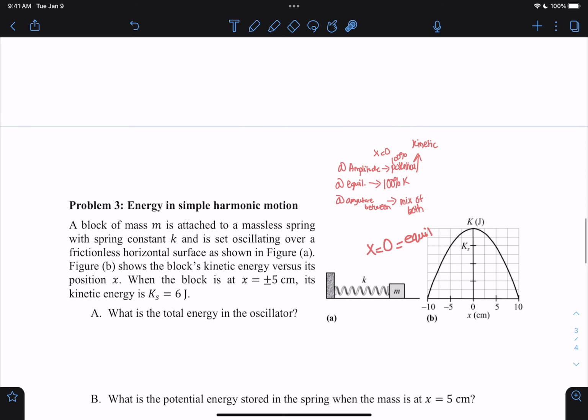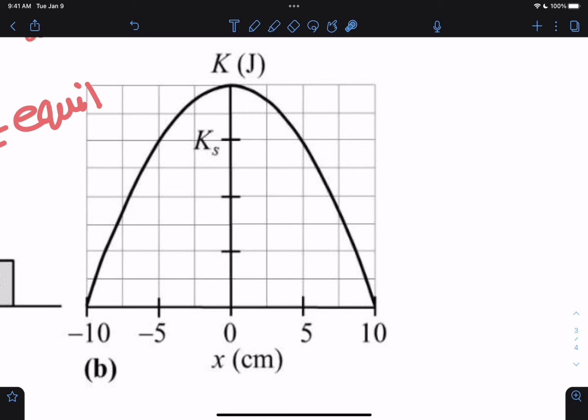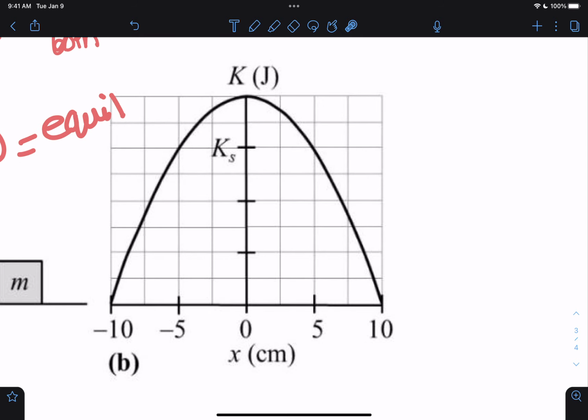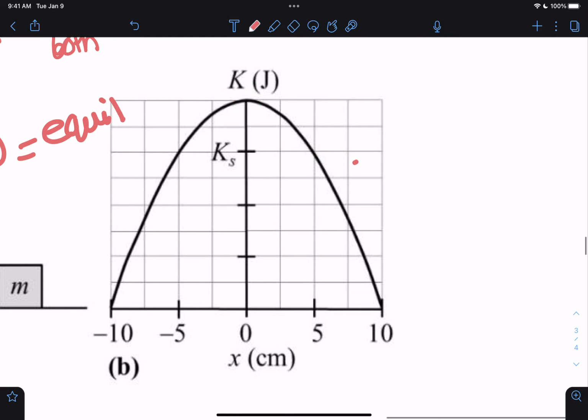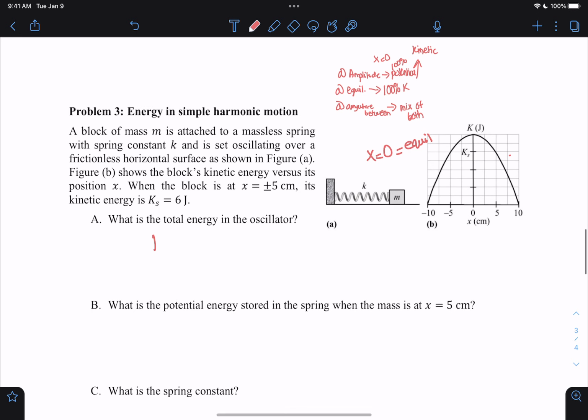At plus or minus 5, it's 6 joules. So this is 6 right here, simply counting by ones. So 7, 8. At the top here, we should see total energy, E total, equal to 8 joules.